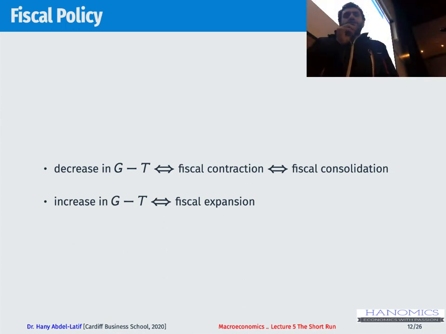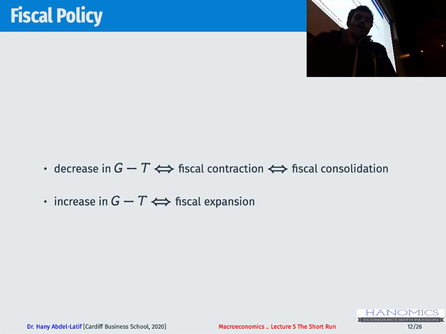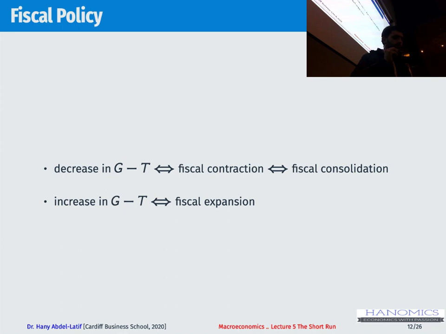That's called fiscal consolidation as well. If you increase G minus T, that means there's a fiscal expansion, an expansionary policy.